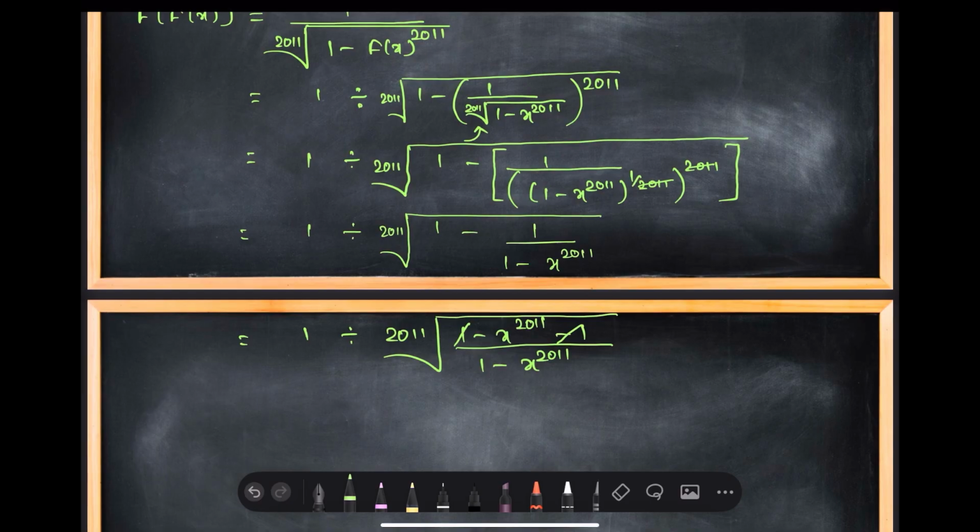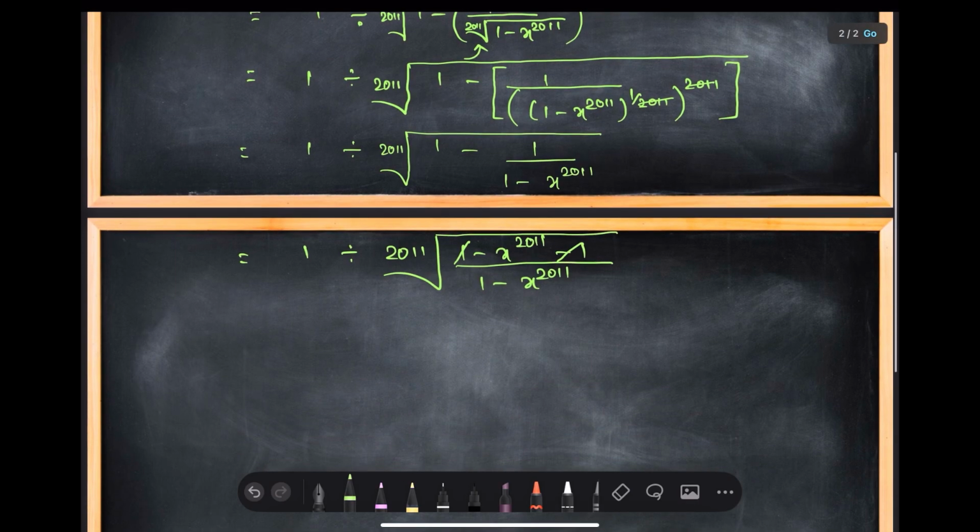Now look at this. Here we have minus in the numerator, so can I send that minus to the denominator part? So we will be having 1 divided by the 2011th root of x to the power 2011 upon x to the power 2011 minus 1, right?